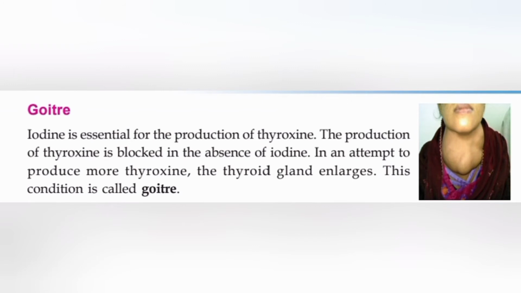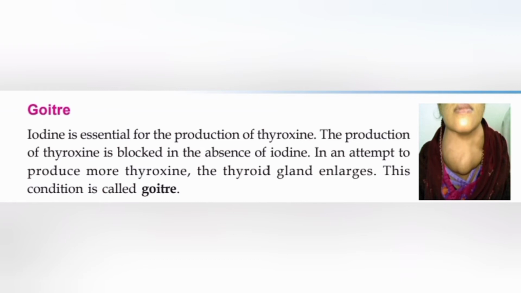We must know that for the production of thyroxin, iodine is very essential. The production of thyroxin is blocked in the absence of iodine. That means if the necessary iodine is not present, the production of thyroxin is blocked. In an attempt to produce more thyroxin, the thyroid gland enlarges.